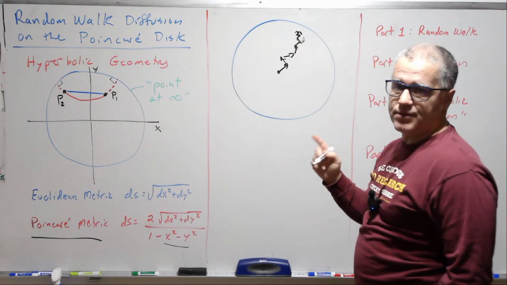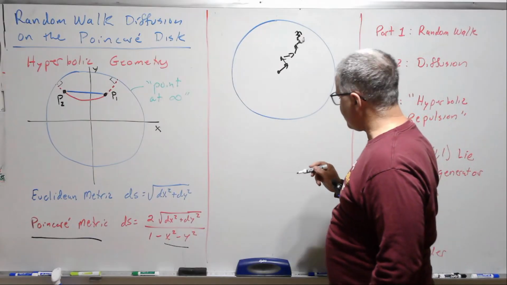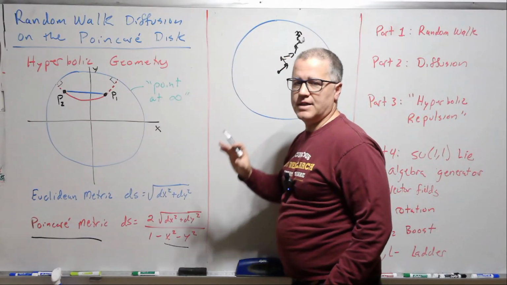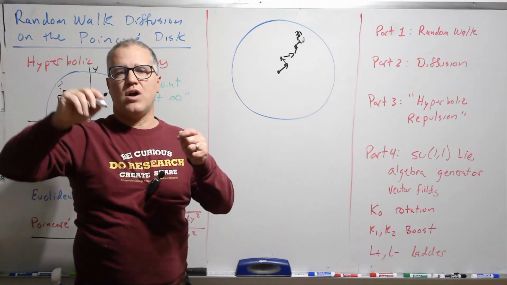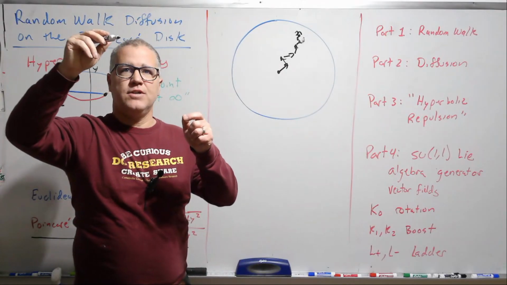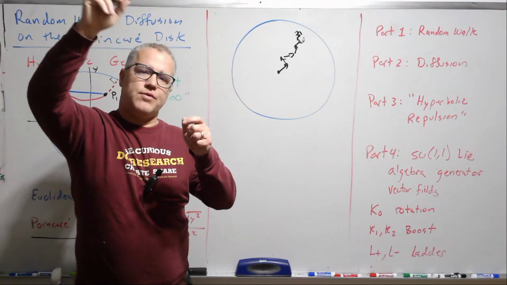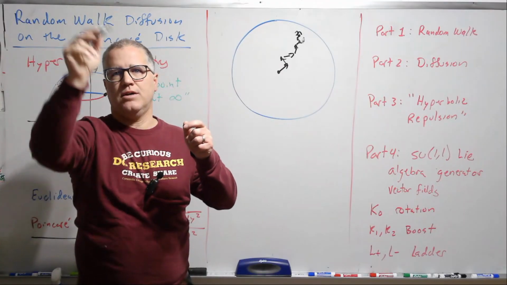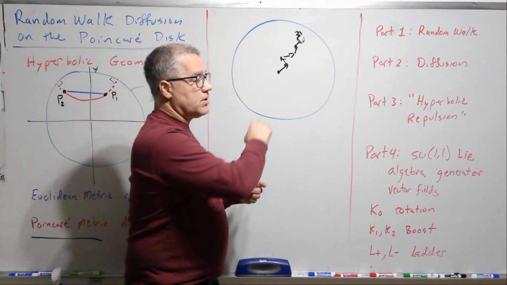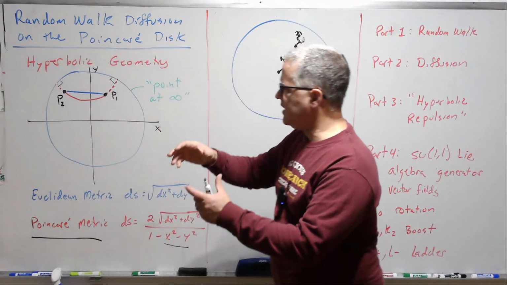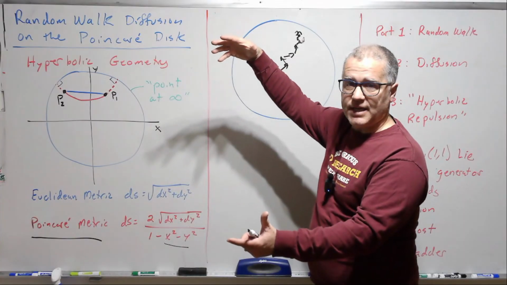Now, the other thing we will have to think about too, if this were a Euclidean, just stuck in the Euclidean circle, then we would be random walking all over the place. And as we got to the edge of the circle, we might just as well see the particle come back to the middle. But as we think about this Poincaré space, this is infinitely big.